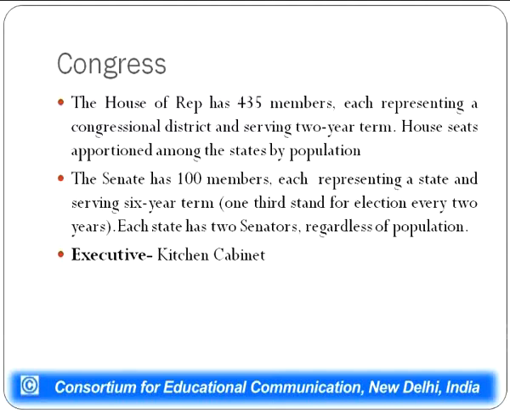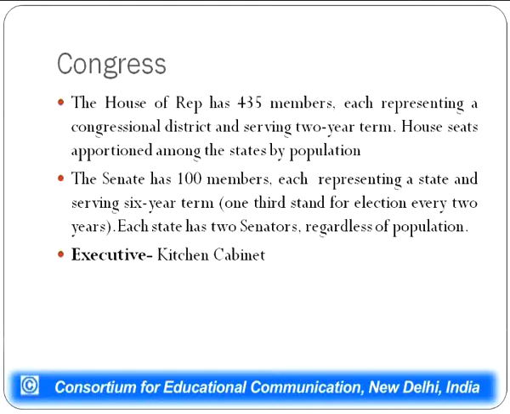Each member represents a state and serves a 6-year term, and each state, irrespective of its size or population, returns 2 members. Therefore, the difference is that whereas for us it is proportional to the size and population, in the US we disregard size and population. So even a small state like Vermont would be comparable to any of the larger states.